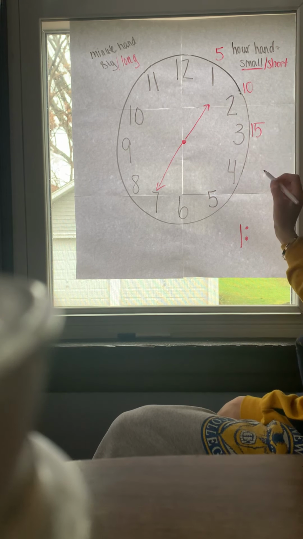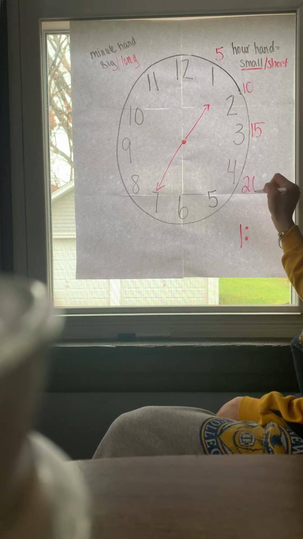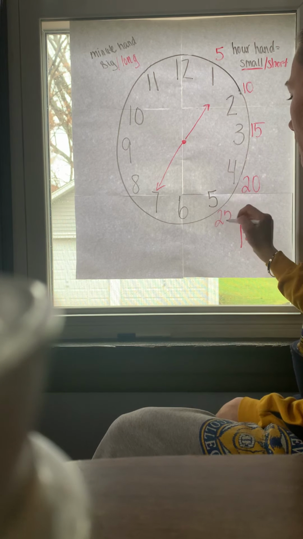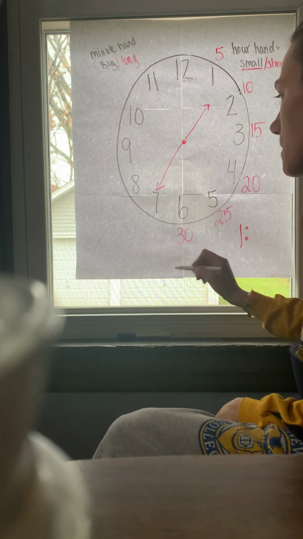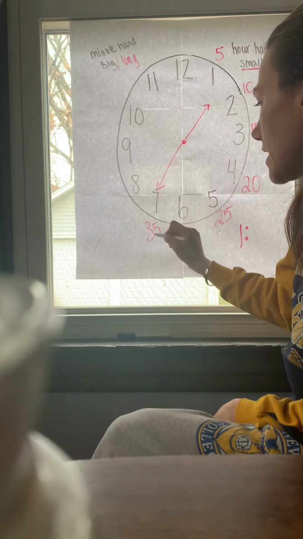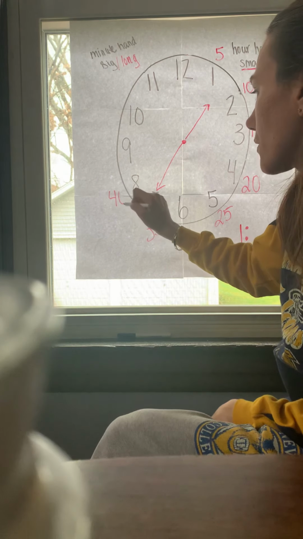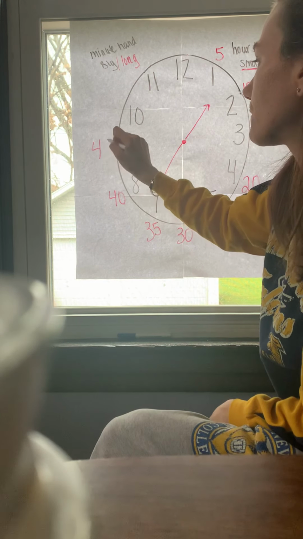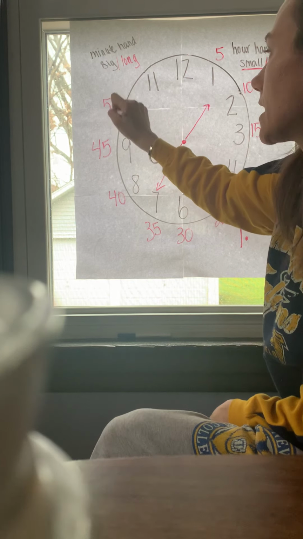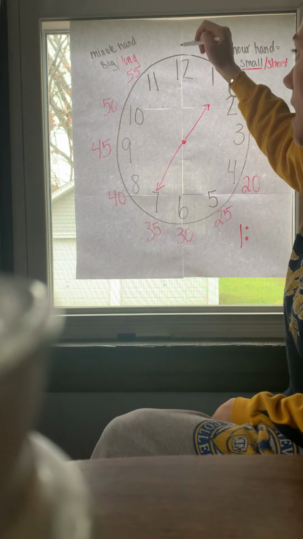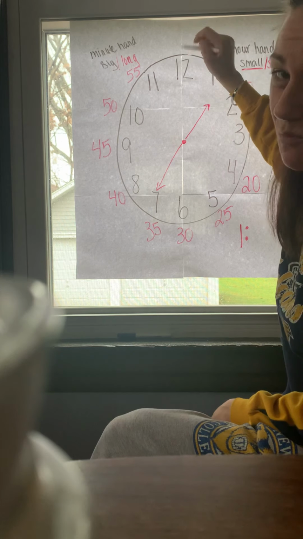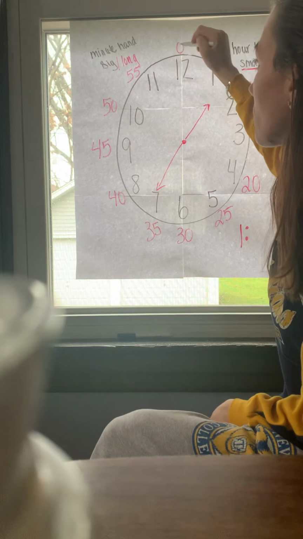The 3 is 15 minutes. 4 is 20, 5 is 25, we know that 6 is 30, 7 is 35, 8 is 40, 9 is 45, 10 is 50, 11 is 55, and 12 is 60, but we don't write 60, we write 0, 0.